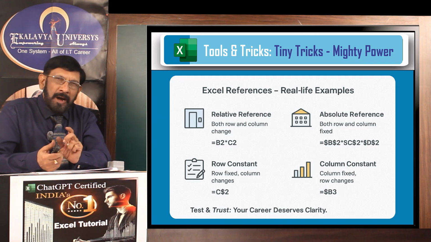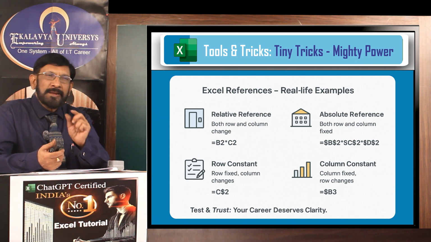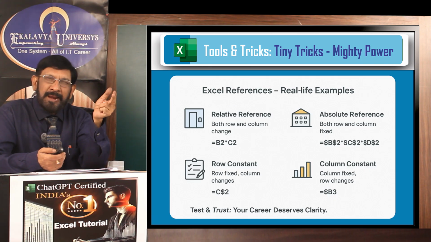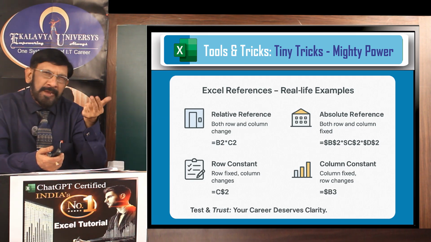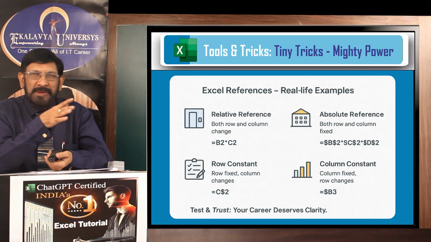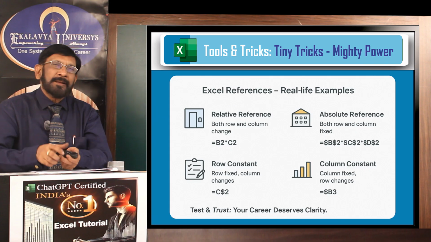Thereafter, column is locked and row is relative. Then how do you write? $B3. First, you should have 100% clarity. Somebody may have clarity over the concept, but whenever they want to write code, all doubts will come. That's why I'm taking more time and explaining every bit in detail.